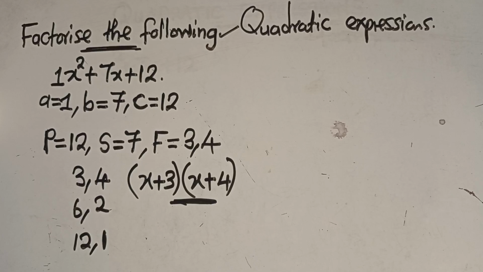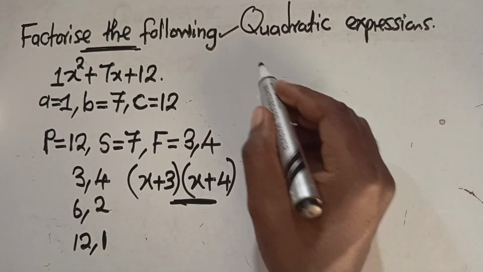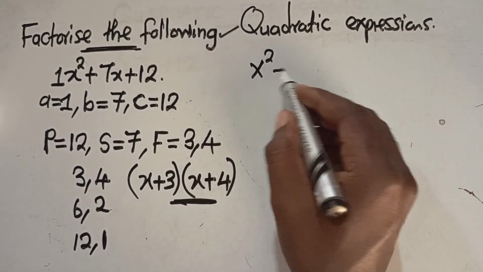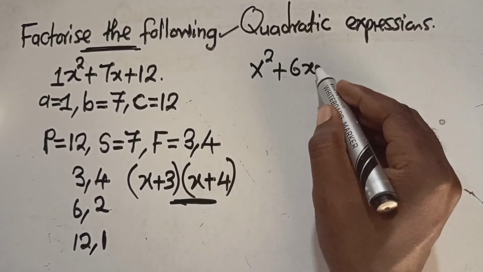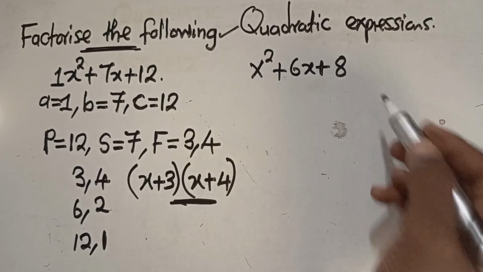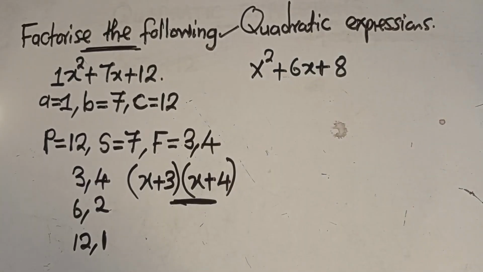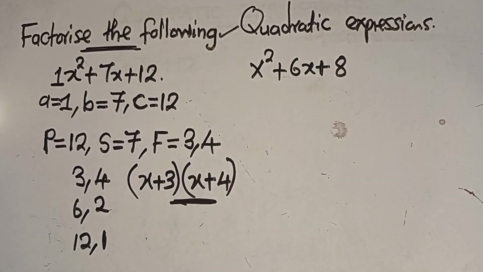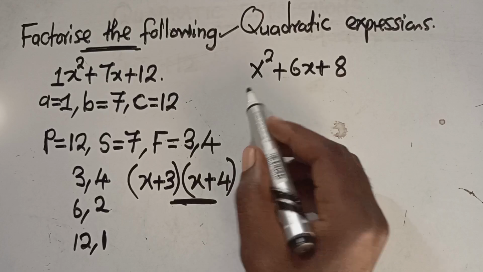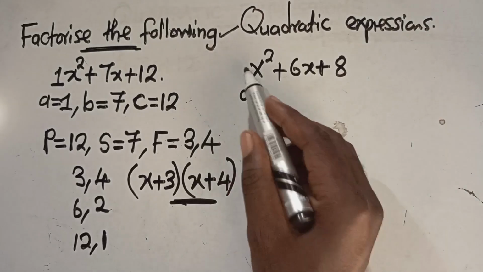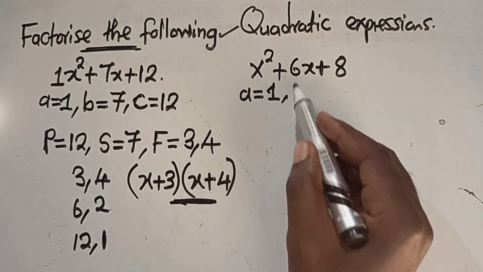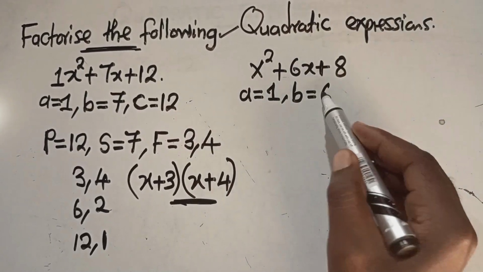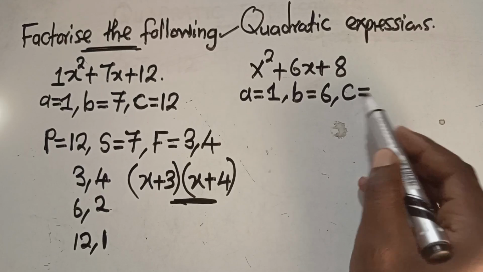What if you are given a question like this: x squared plus 6x plus 8? How can you work this out? A is 1. Our B is this number there, 6.